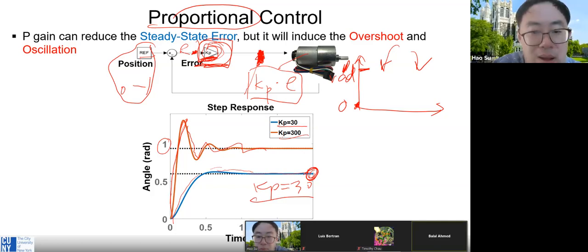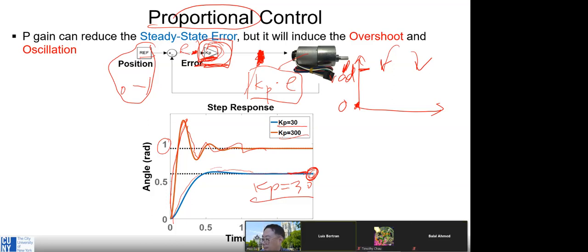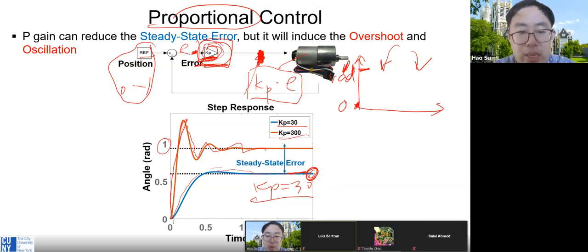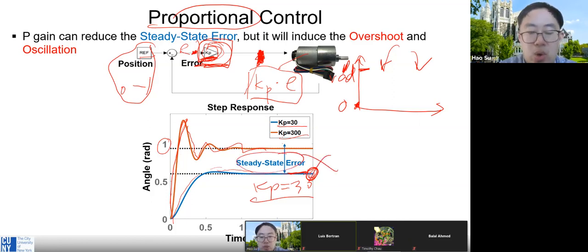So from this diagram, can you see the problem of this blue controller? It's about half of what we originally wanted. We wanted to reach 1, but it can only reach about half, so it has this steady state error. It's not good, so it cannot reach the number.